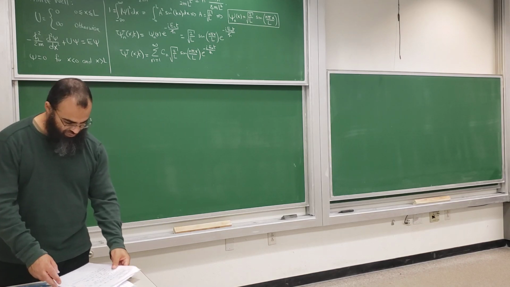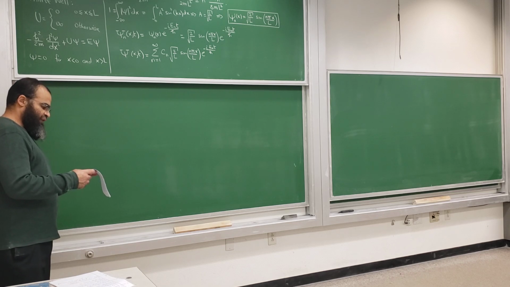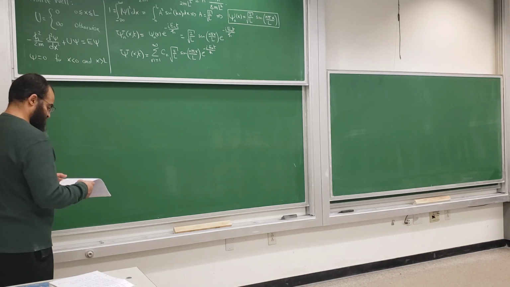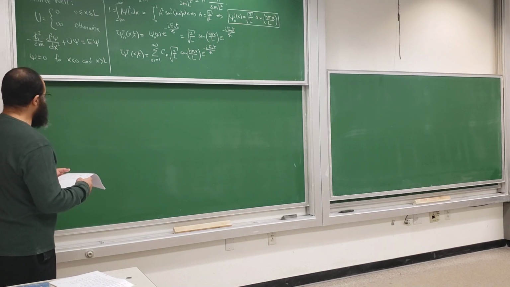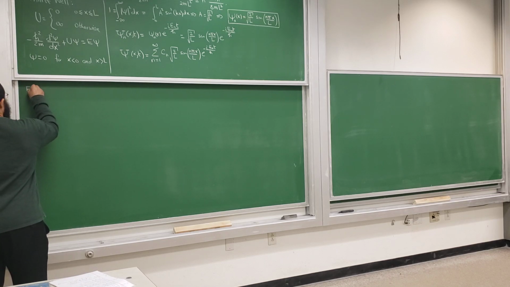Let's do a quick example here. Find the first two energy levels for an electron confined to a one-dimensional well, and the width of the well is 5 times 10 to the minus 10. So an electron, example.